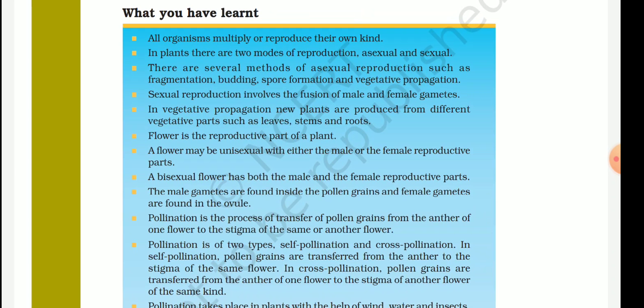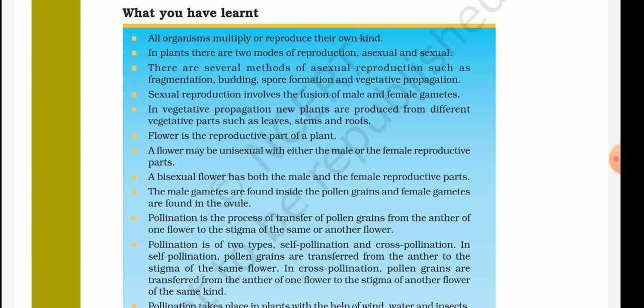All organisms multiply or reproduce their own kind. You all know that all organisms give rise to organisms of their own kind, which means that the progeny, the offspring that are formed, are similar to the parent. That's why it is said that all organisms multiply or reproduce their own kind.